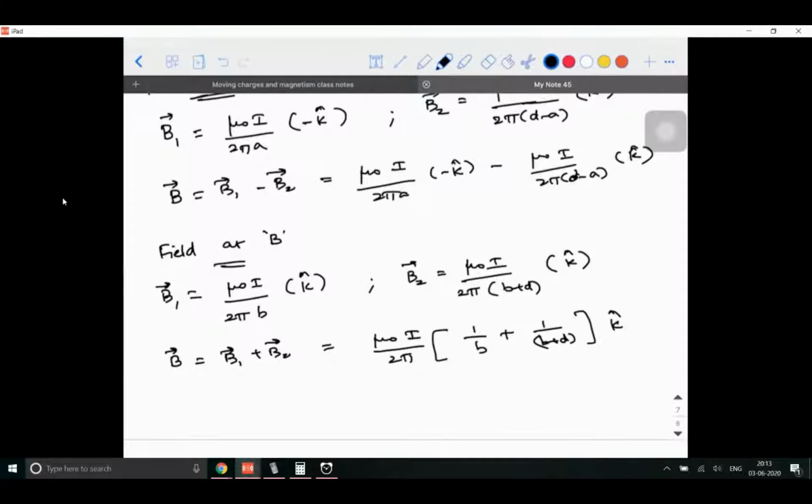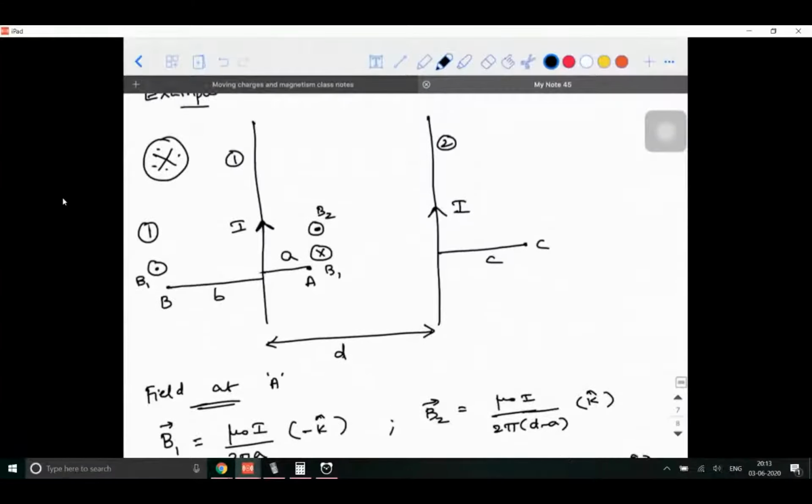Field at C, B1 will be equal to mu naught I by 2 pi into D plus C. What is the direction? Minus K cap. So what is B2 vector? B2 vector will be mu naught I by 2 pi into C, in the direction of minus K cap.